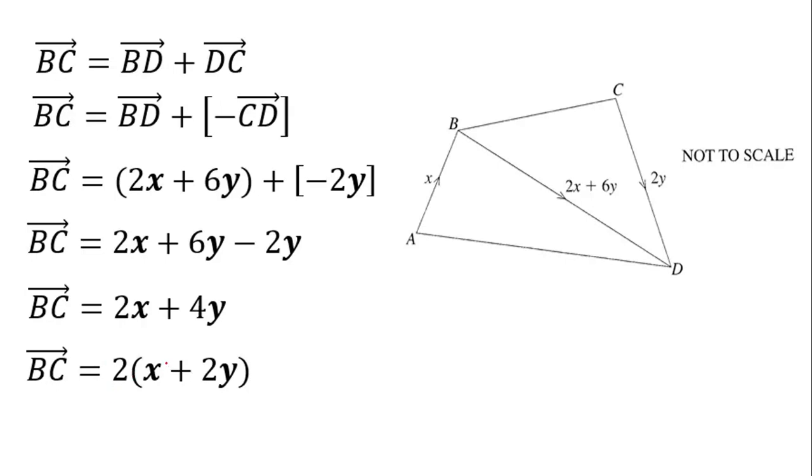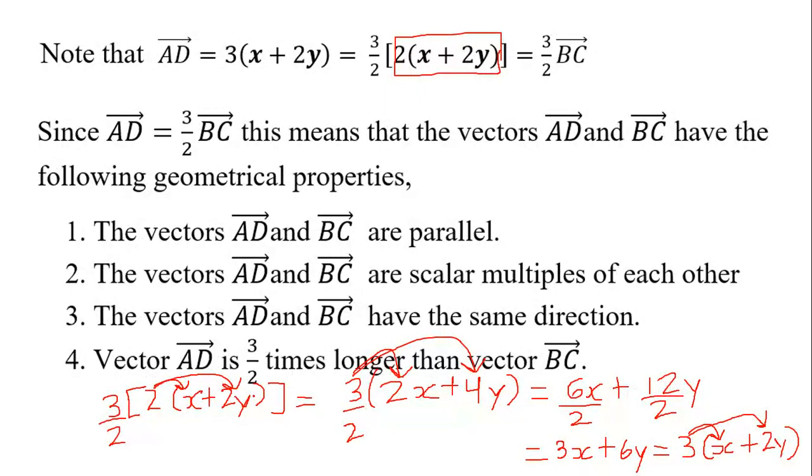BC is 2 times x plus 2y. And so therefore, instead of putting 2 times x plus 2y, let's just put BC. So that means that AD is actually equal to 3 over 2 BC.